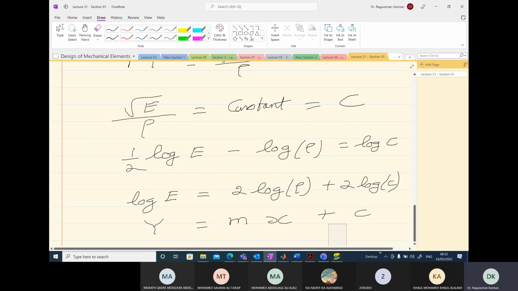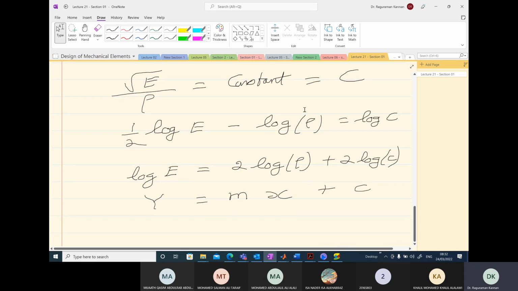Okay, so we can see from the equation over here, if I take x equal to 1 unit, our x is equal to log of rho here, and y is equal to log of E. So if I put x equal to 1, I'm going to get my y, based upon the slope, as 2 times 1 plus c.